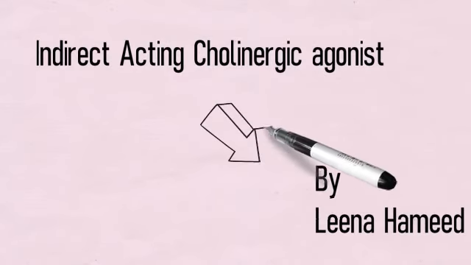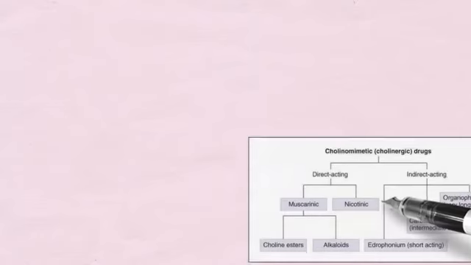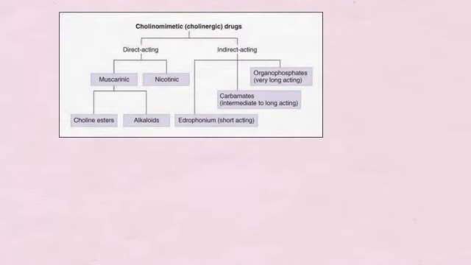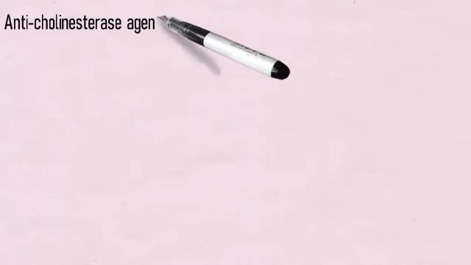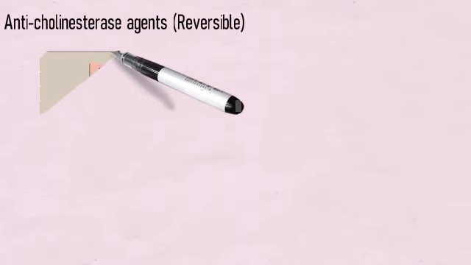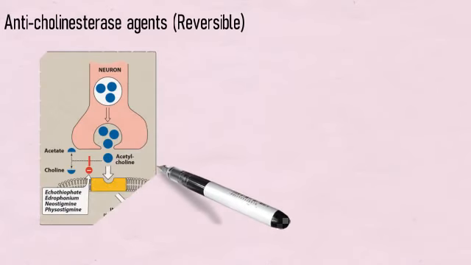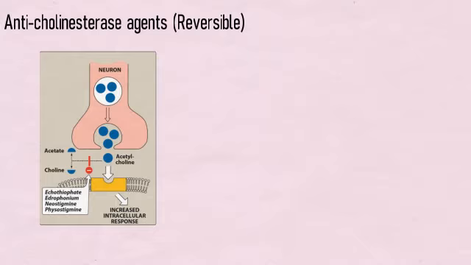So, after discussing the direct acting agonists, now we want to understand what an indirect acting agonist is. You can see in this picture, acetylcholine is directly acting on its receptor.